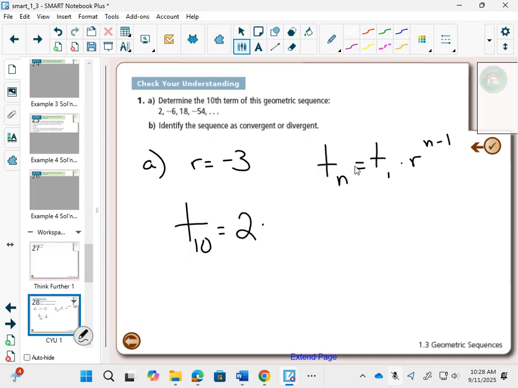I multiply by, I'll put it in brackets because it's negative, -3 to the 10 minus 1, which would be 9 times. Go to my calculator, and I get -39366. That would be term 10.